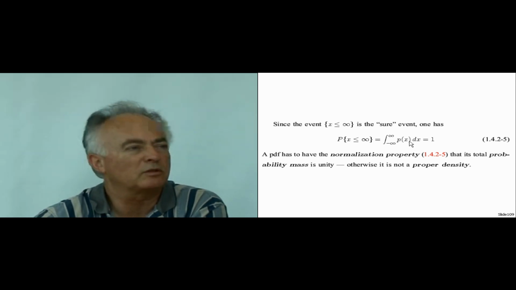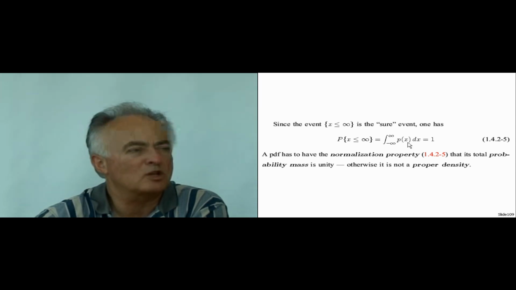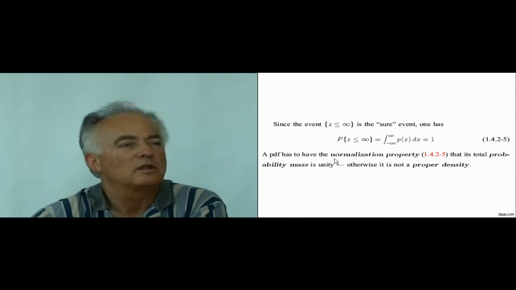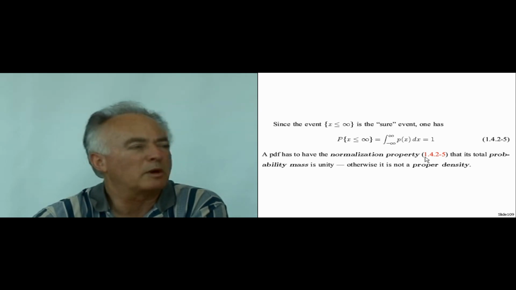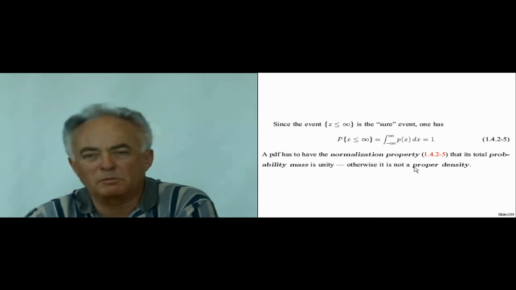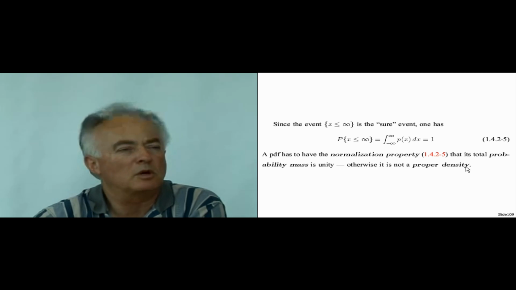So that's a sure event. Therefore, we have what is called the normalization property, namely that the total probability mass is 1. Otherwise, it's not a proper density. So a proper probability density function must integrate to unity over the entire real line.